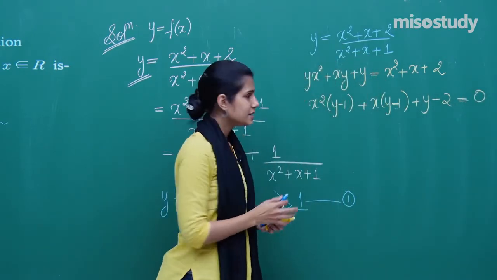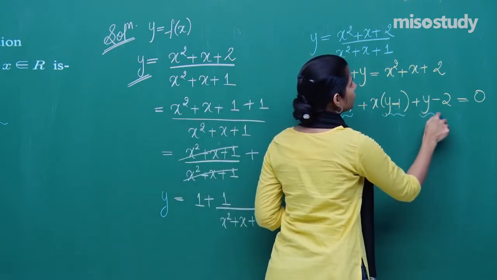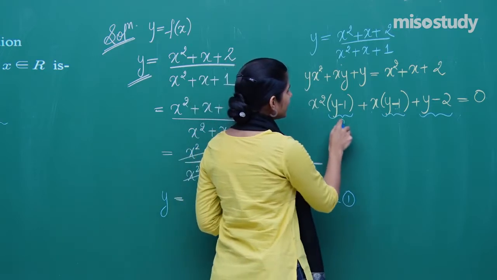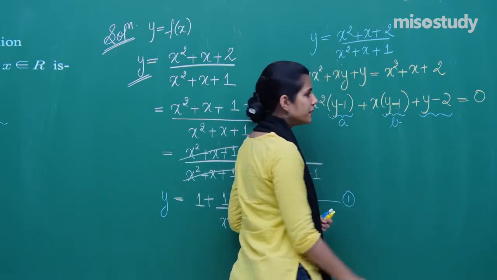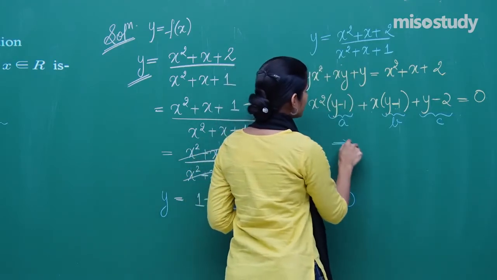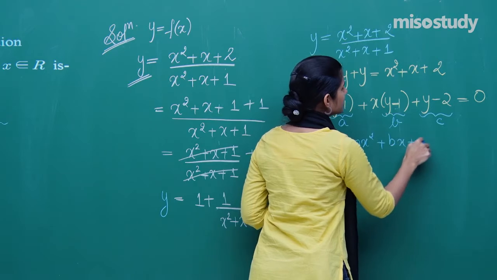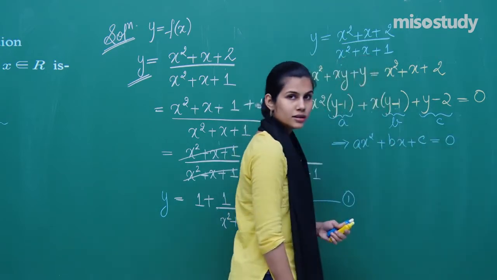Now if you carefully see, this y minus 1, y minus 1, y minus 2, what are these? Can I say if I take y minus 1 as a, this y minus 1 as b and y minus 2 as c, this is nothing but the expression ax square plus bx plus c equals 0.